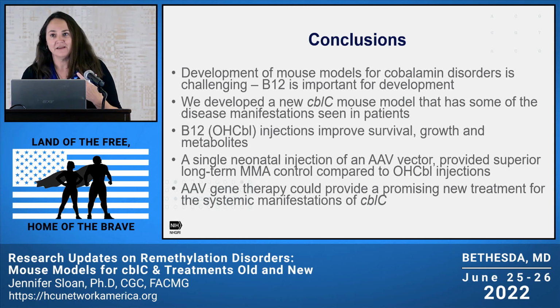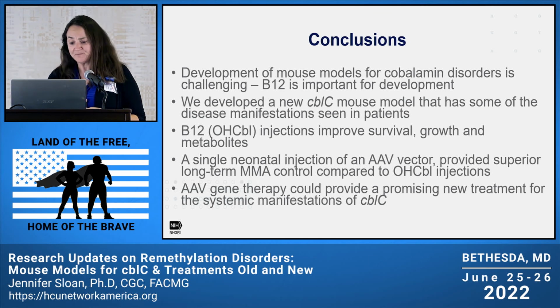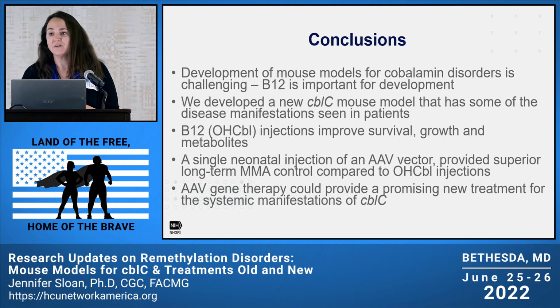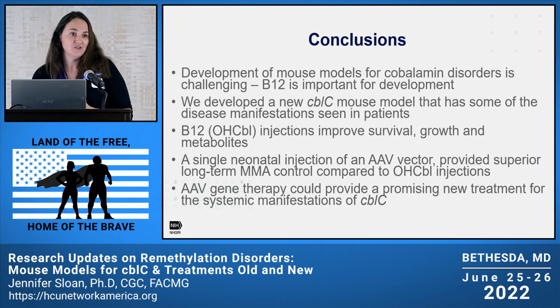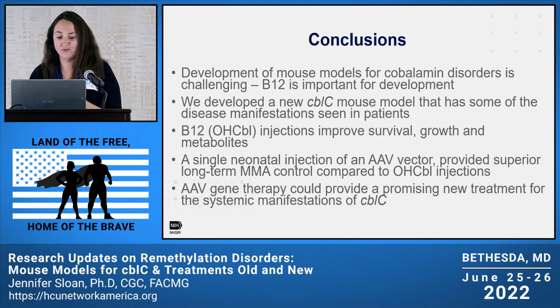And comparable to that, really just a single AAV injection provided long-term correction compared to weekly injections of vitamin B12. And so it's a really exciting proof of principle study to show that AAV gene therapy could be possible for cobalamin C and other defects in the future.